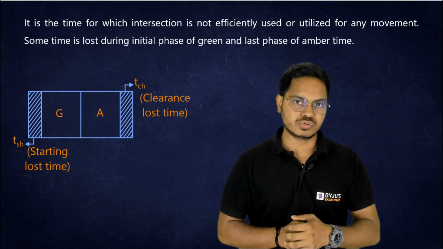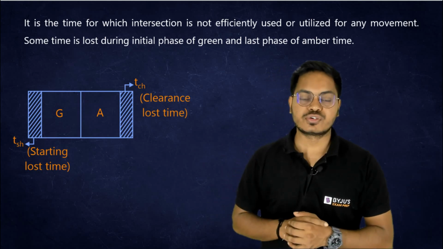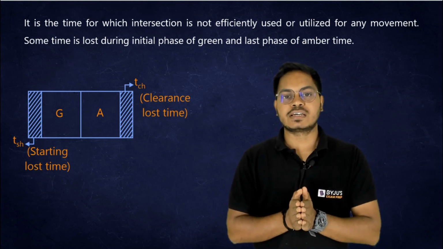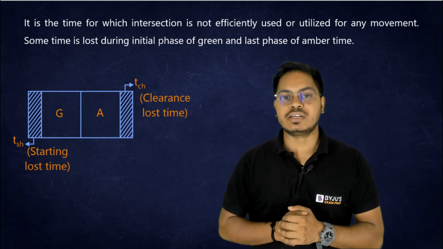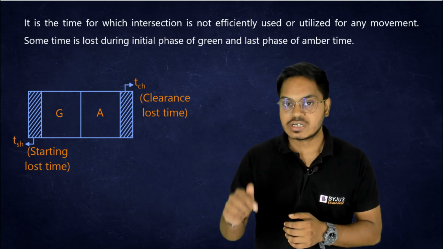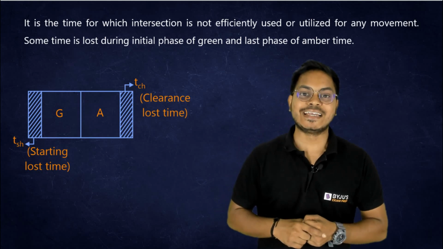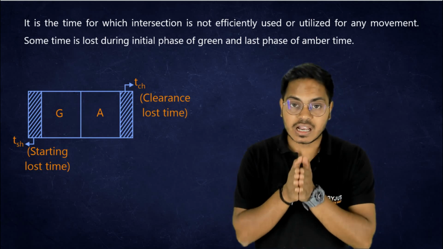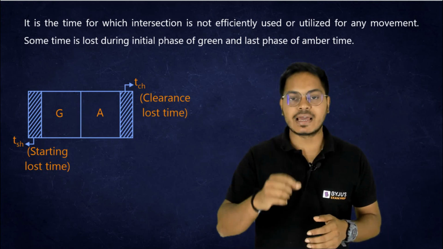Now the driver knows after the amber light there is going to be the red light, so the driver will stop the vehicle before the intersection only, because he or she knows the red light can turn on any time. But the driver was allowed to move in that amber duration.